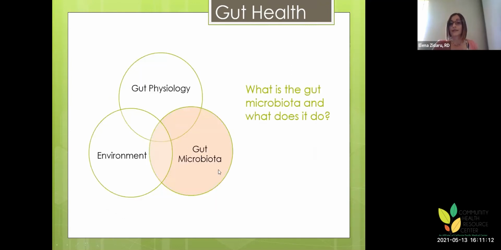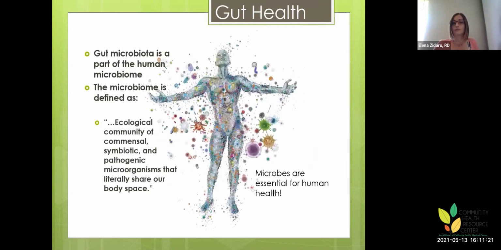And that leads us to the second part of that complex interplay, the gut microbiota: what it is and what it does. The gut microbiota is part of the human microbiome. As humans, we have a lot of bacteria on us and in us.